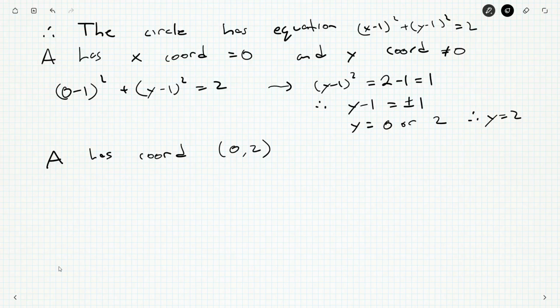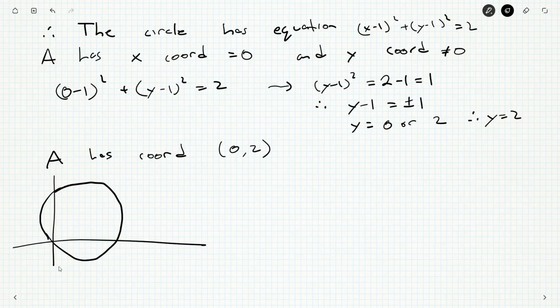Now we want to get the area, don't we? The area which lies within the first quadrant. I've got my A up here, I've got my B here. My center C is 1, 1. So not so bad.